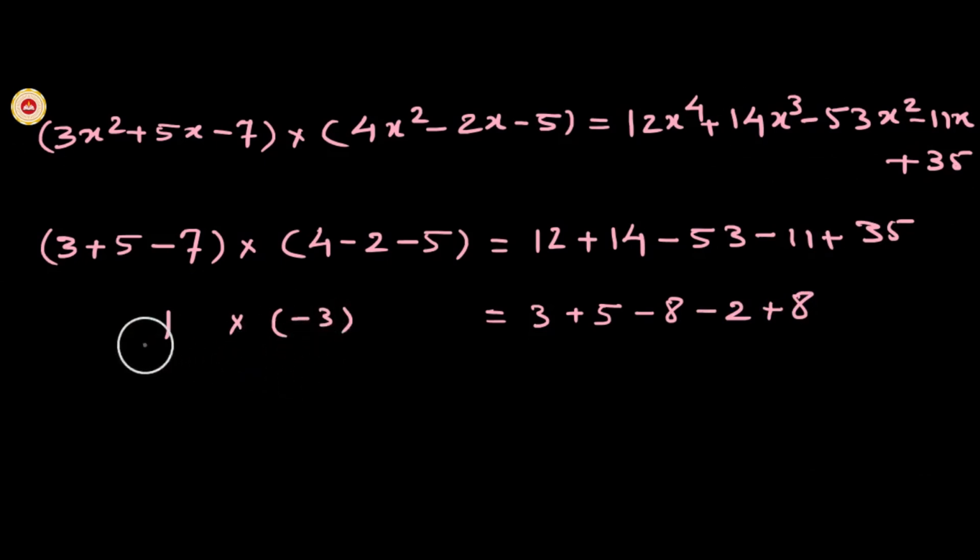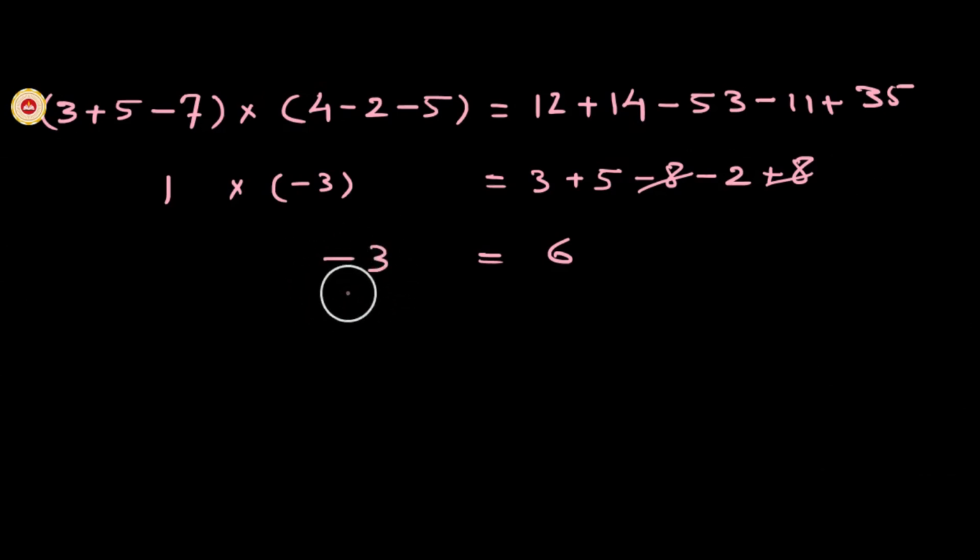Now minus 3 multiplied by 1 is minus 3, equal to 3 plus 5 is 8. So this 8 and this 8 will be cancelled. So 3 plus 5 is 8, 8 minus 2 is 6.